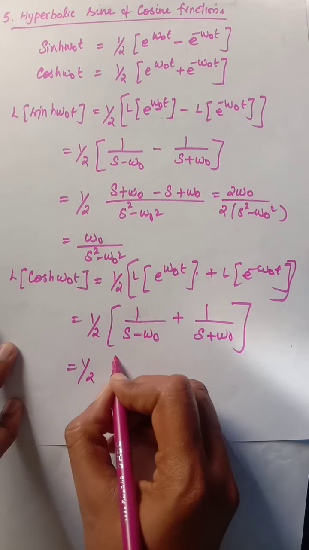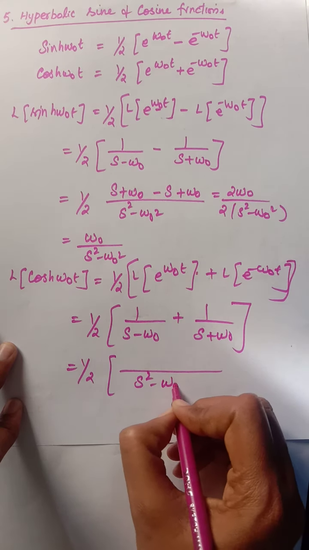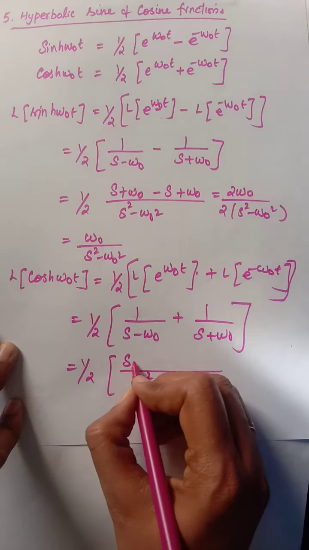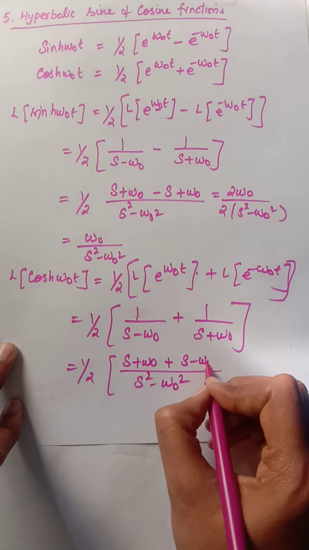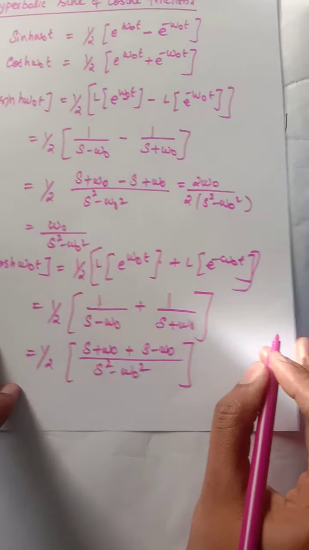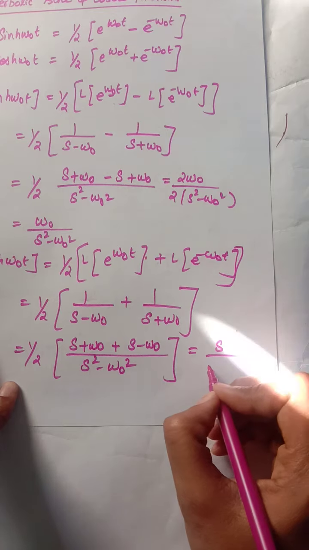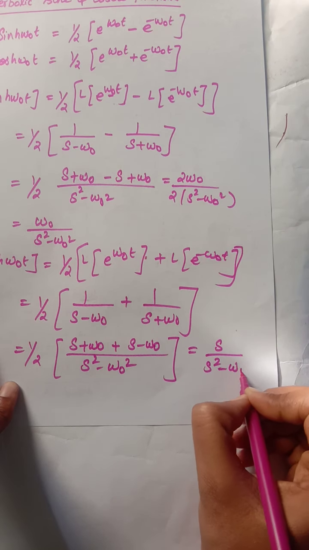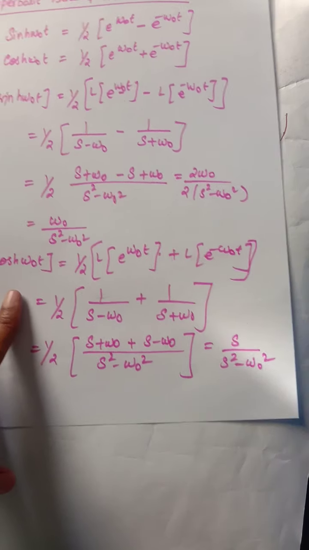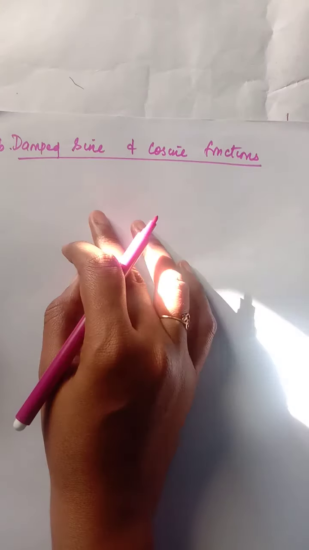Here it is 1 by 2, s square, a minus b, a plus b, so a square minus b square. Taking LCM, s plus omega naught plus s minus omega naught, which is 2s in the numerator. Cancelling, we get s by s square minus omega naught square. So this is the result for hyperbolic sine and cosine.